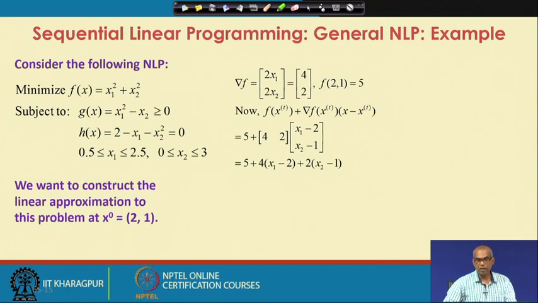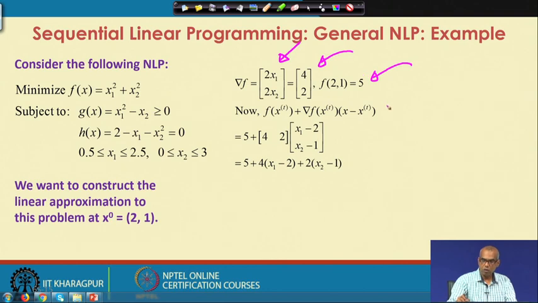So, let us find out the gradient of the objective function. We found it out as 2 x 1 and 2 x 2. Evaluate it at 2, 1. So, you get 4, 2. The function value at point 2, 1 is 5.